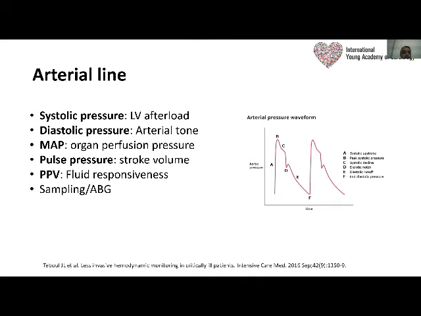Pulse pressure gives you an idea about the stroke volume. For example, wide pulse pressure is associated with distributive, hyperdynamic shock, and narrow pulse pressure with cardiogenic shock. You can also adjust your monitor to measure the pulse pressure variation, which is a very good indicator of fluid responsiveness. You can take samples and you can also send ABG.